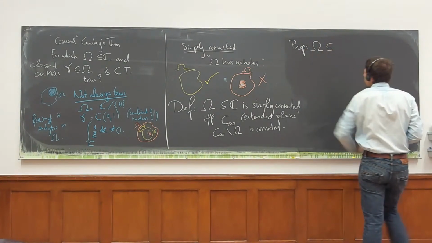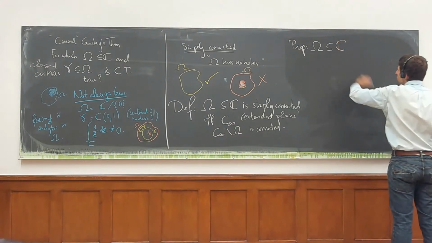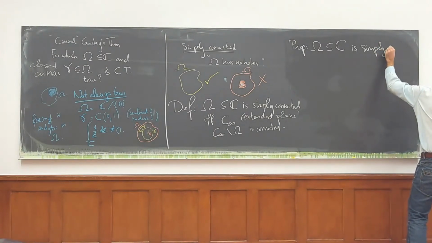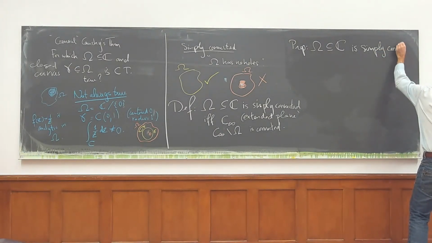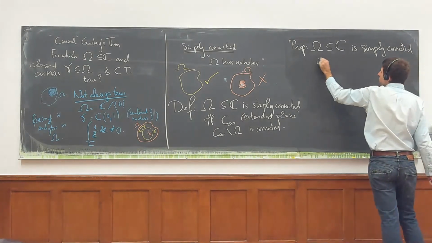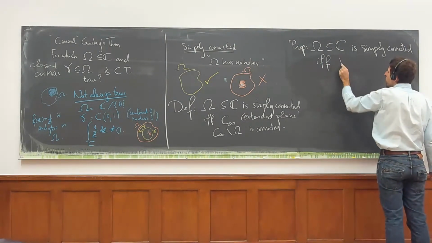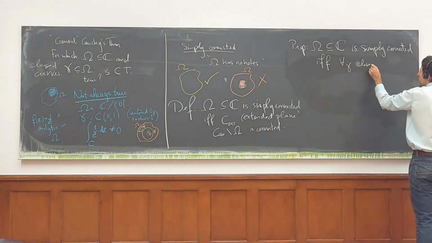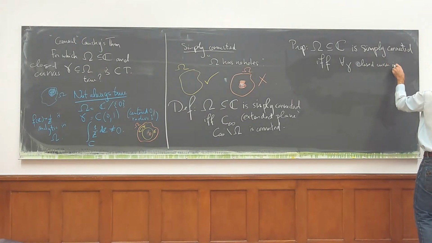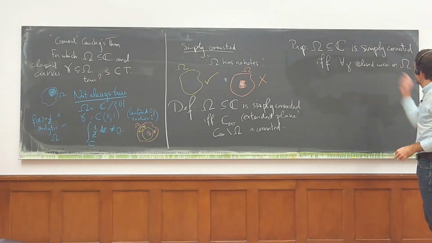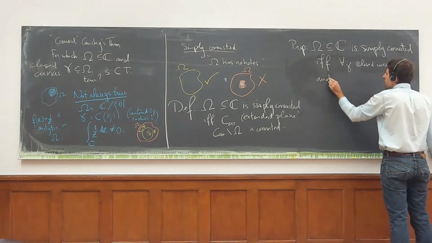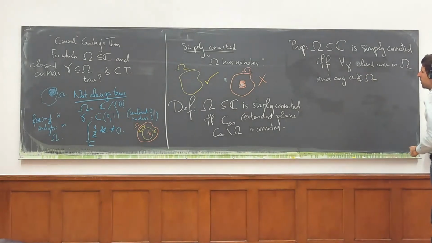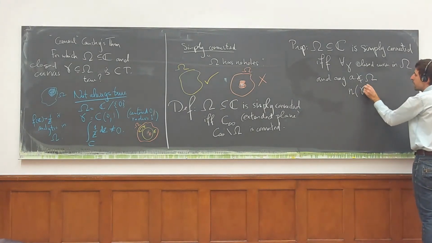Let's take again a region omega. It is simply connected if and only if for all gamma closed curve in omega, and any a not in omega, we have that the curve does not wind around a.